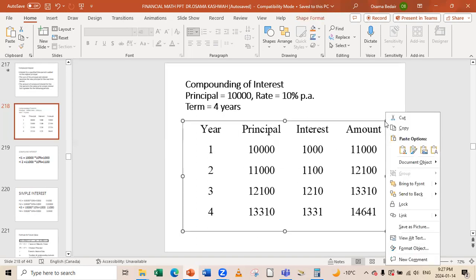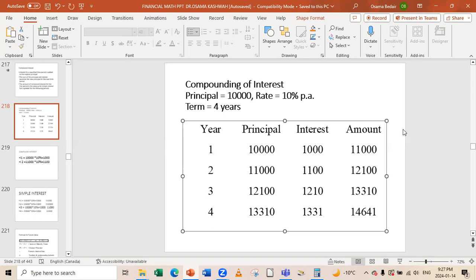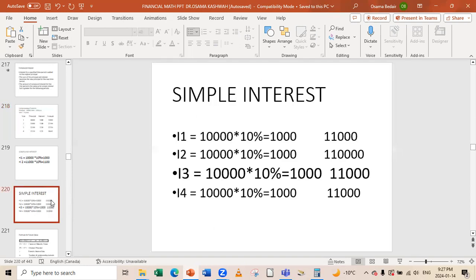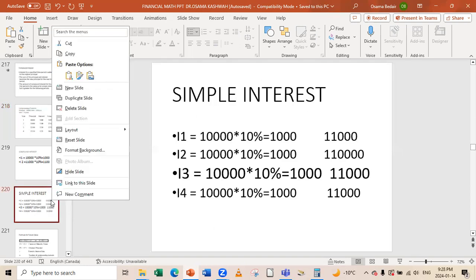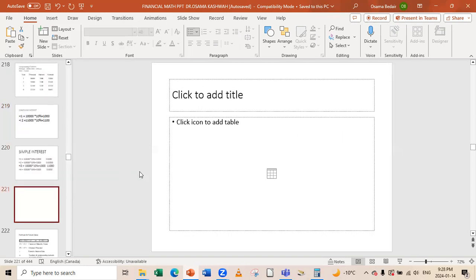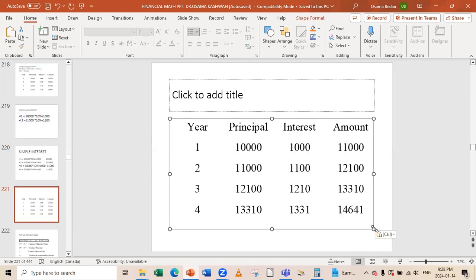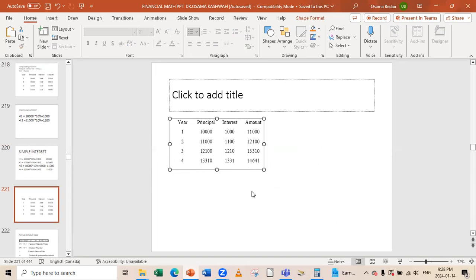If I want to compare between them, I just want to put them both on one slide. I don't know how it will come. It might come like this. Try it now. New slide. We'll see here. Control V. And I will just move it like this in front of you guys. And I will bring the simple interest as well in front of you here also.